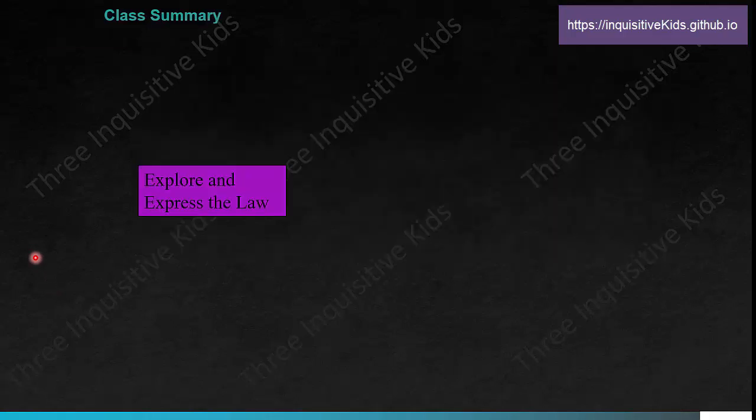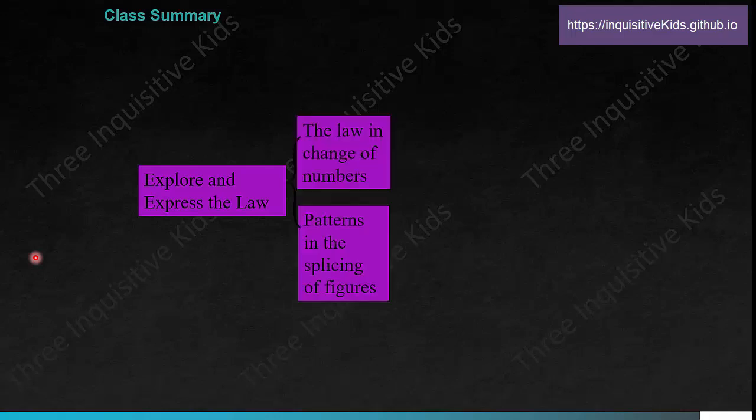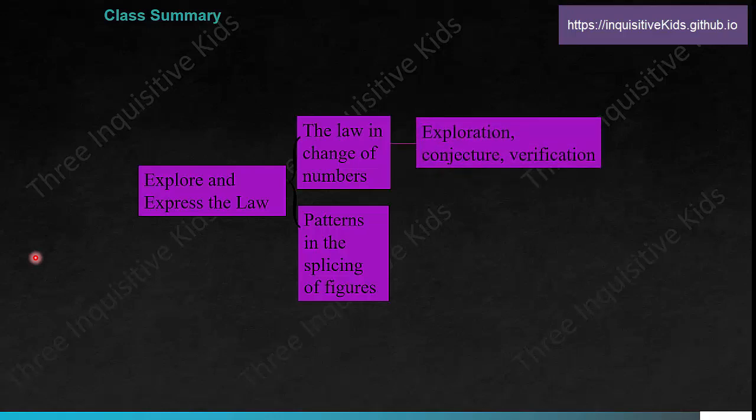Now we have a class summary. We learned how to explore and express the patterns, the laws of things in a series, and that was split into the law and the change of numbers, and patterns and the splicing of figures: exploration, conjecture, verification, special, general.